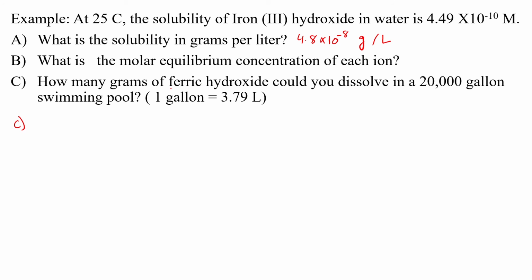The name is changed here, but it is basically the iron 3 hydroxide. We should have 3 sig figs in our answer, 4.80 instead of 4.8. So how many grams of ferric hydroxide could you dissolve in a 20,000 gallon swimming pool? We have a conversion from gallon to liter.